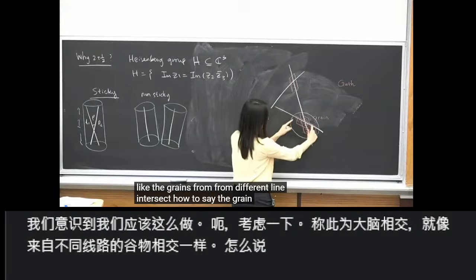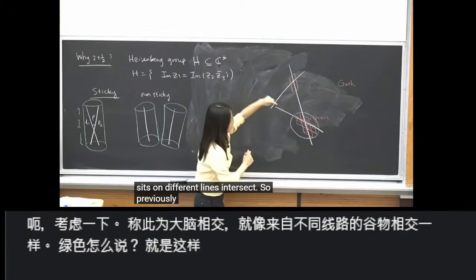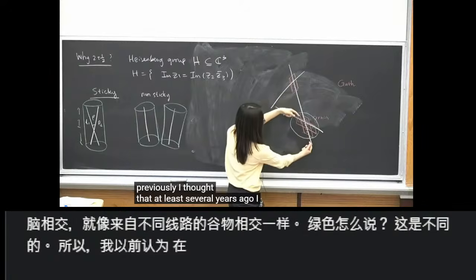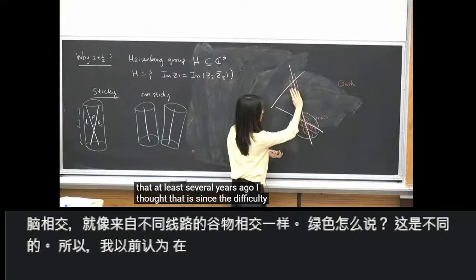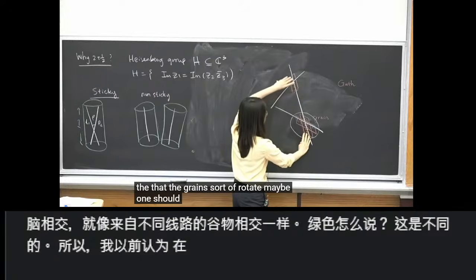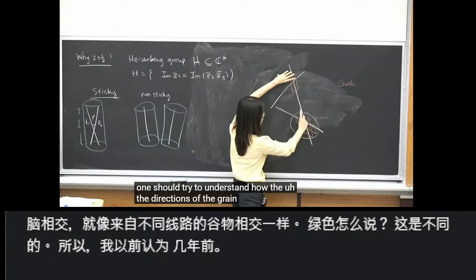The grains that sit on different lines intersect. Previously, at least several years ago, I thought that since the difficulty is that the grains rotate, maybe one should try to understand how the directions of the grains on the same line behave.